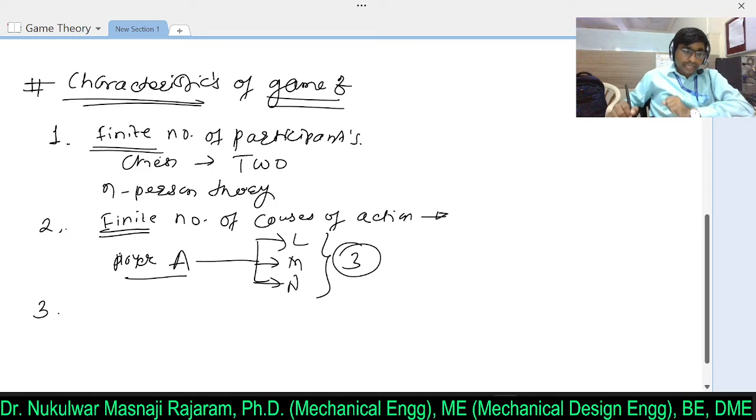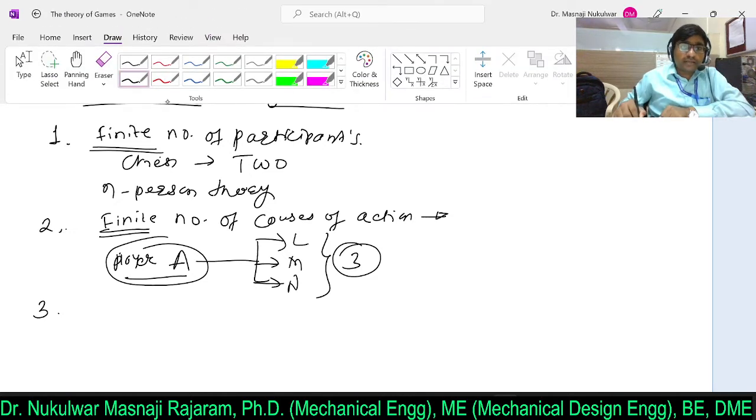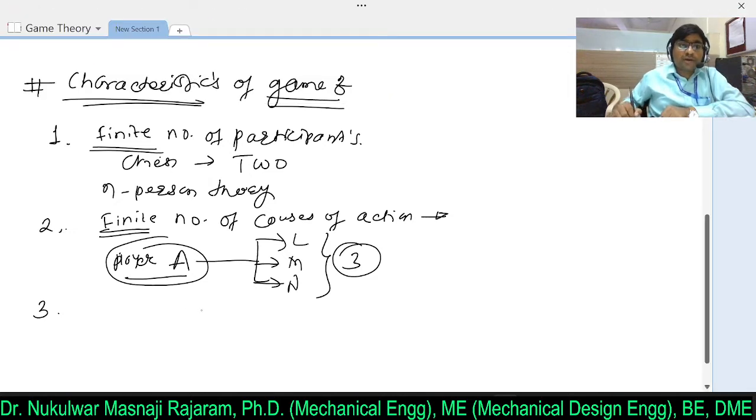The third one is that each participant knows the possible choices available to the others, but doesn't know which of them is going to be chosen by them. Here I have considered player A only, but we consider that there should be a finite number of participants.